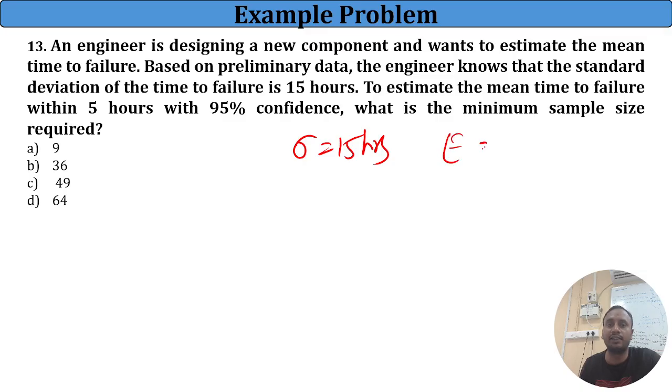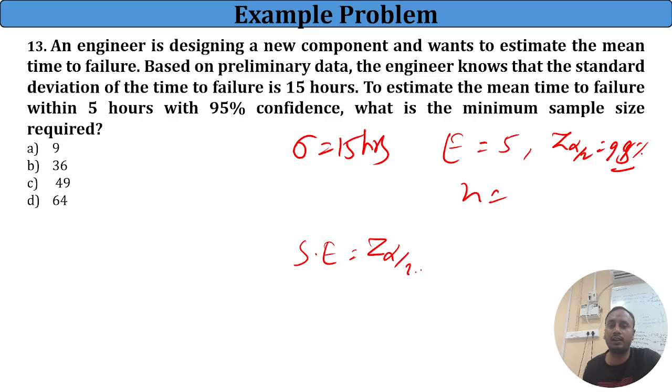So the error is given, 5, with Z alpha for 95%. We have to find the formula for n. Standard error, we know, is Z alpha times sigma upon root n. Can we calculate the n?